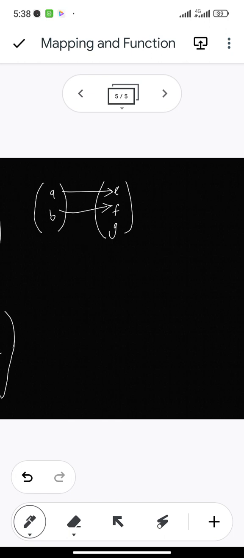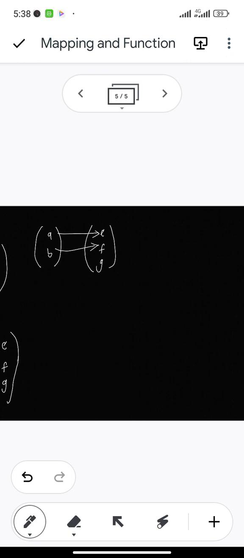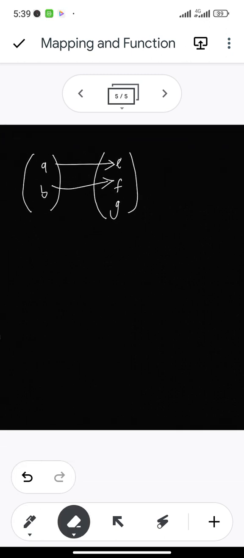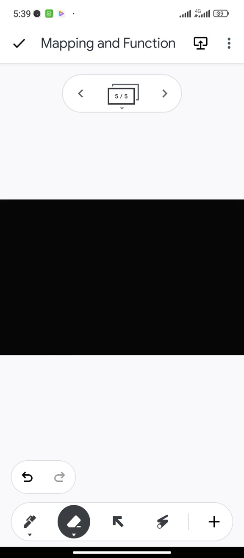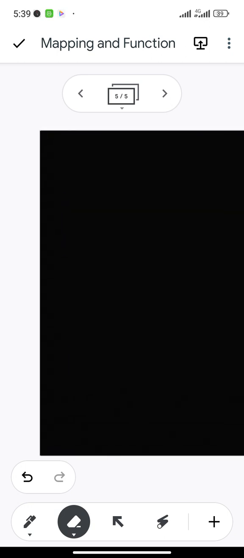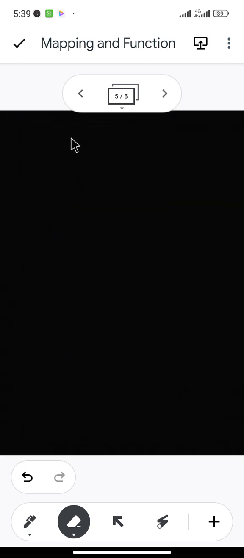Now we go to identity mapping, or identity function.